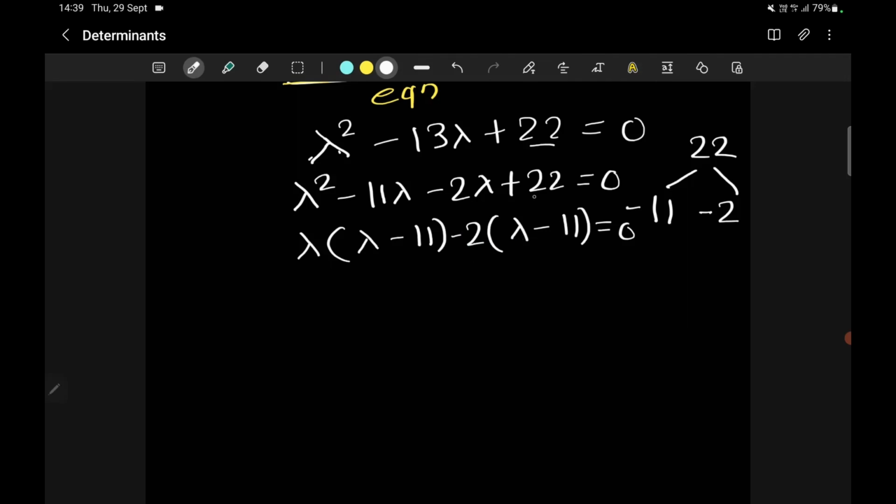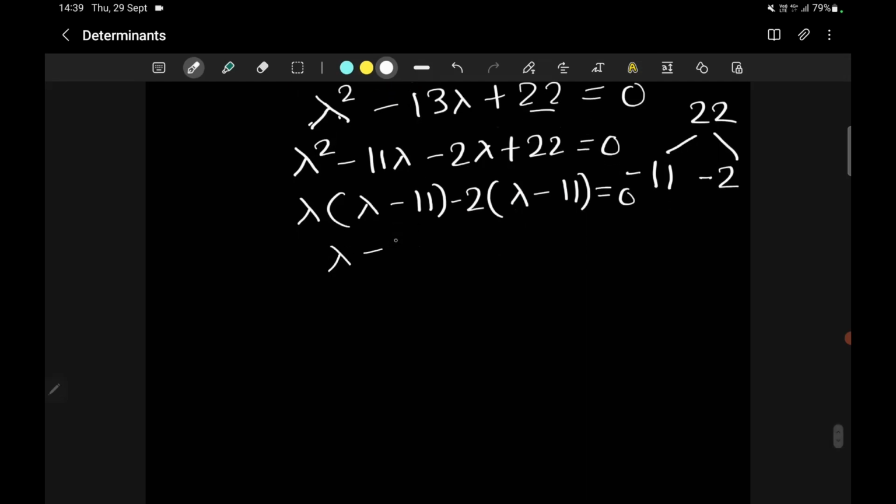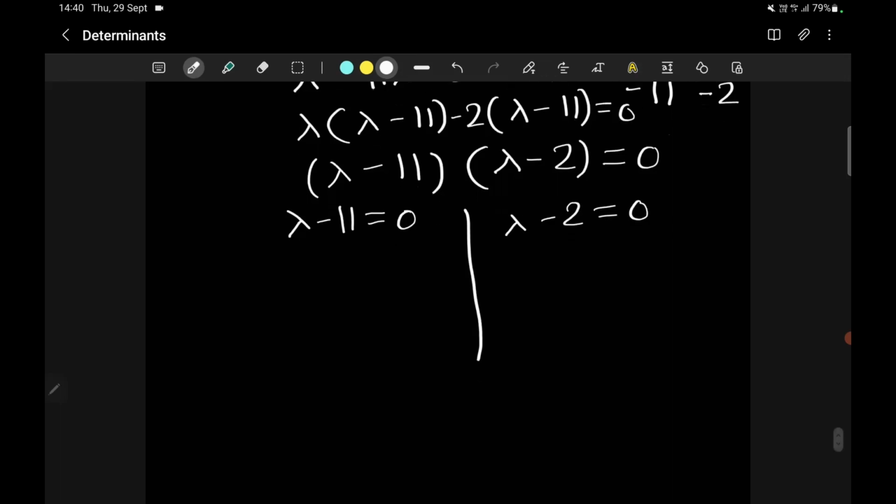Minus 2 into minus 11 is plus 22. Then we'll take lambda minus 11 in one bracket and lambda minus 2 in one bracket is equals to 0. Then we'll take lambda minus 11 is equals to 0 one side, lambda minus 2 is equals to 0 one side.